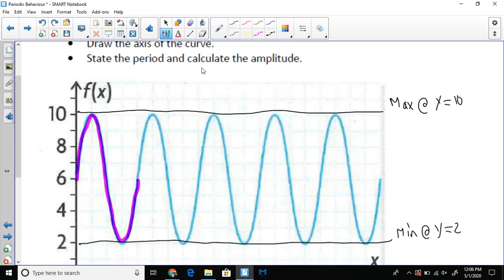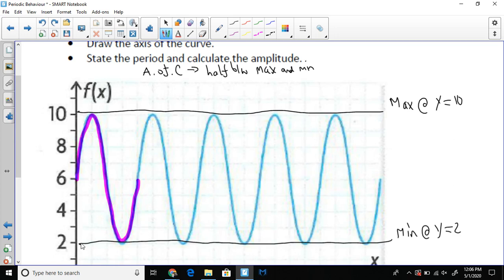So now the axis of the curve. We know the axis of the curve is halfway between the max and min. Here you can see it relatively easily.